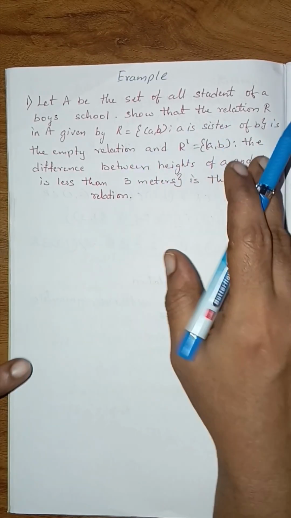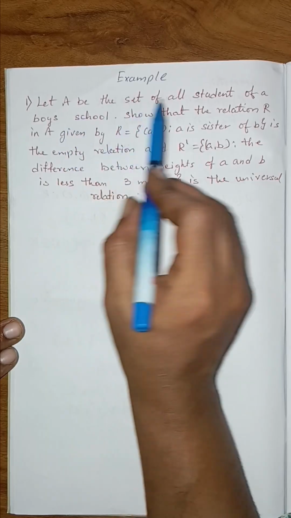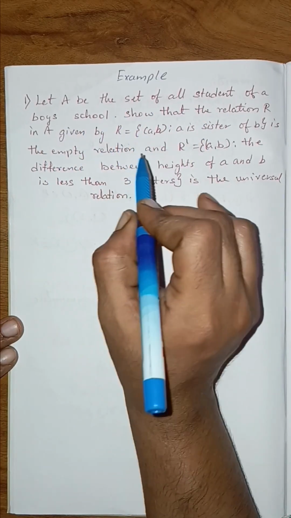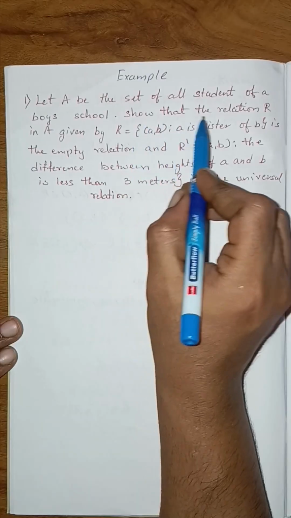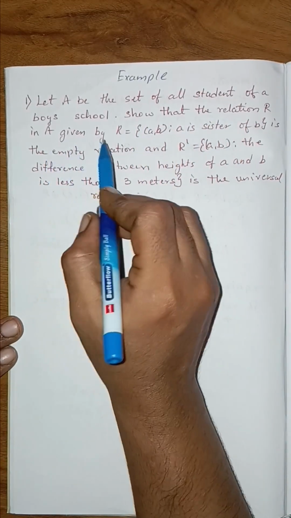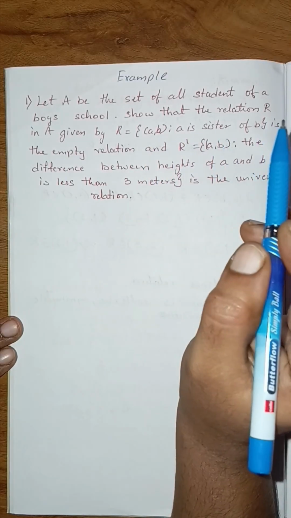So in this question there is a set A which has all the students of a boys school. Then we have to show that the relation R in A, such that (a, b) and a is a sister of b.